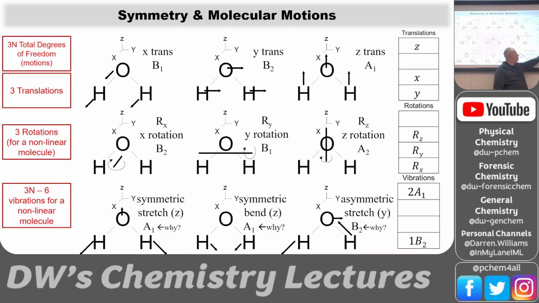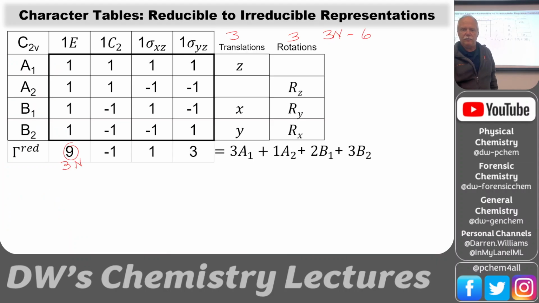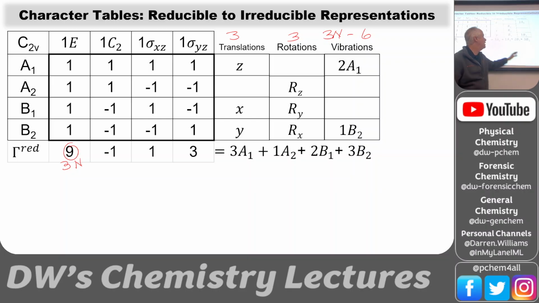We know we have 2 A1s and a B2. That was from that previous slide. I didn't really point that out. Right here, this column. So after we've subtracted one of our A's, we have 2 A1s left over. We have 3 here, and we've used 1 up for the translation, and so we have 2 left for the vibrations.